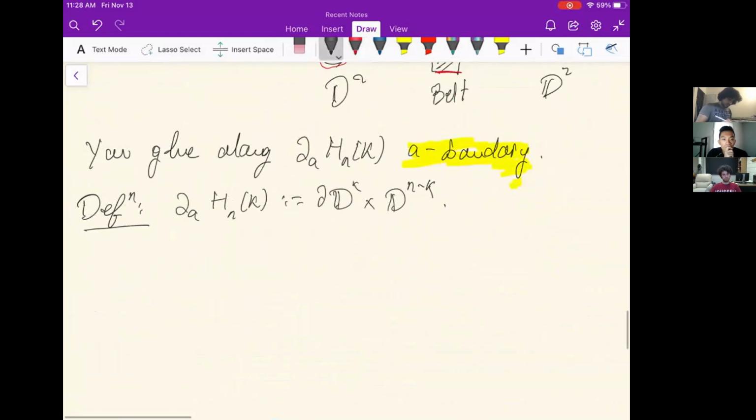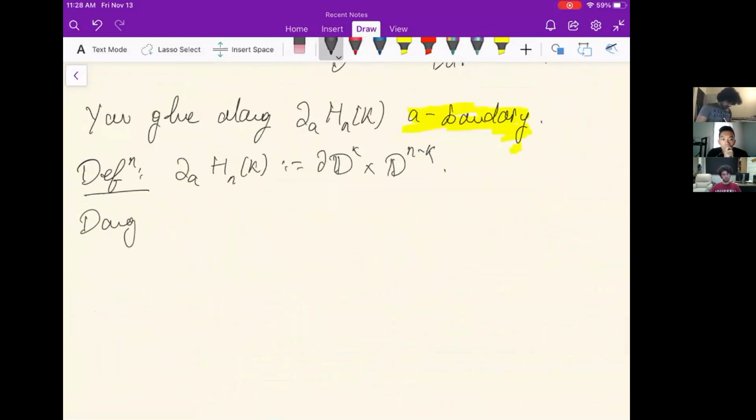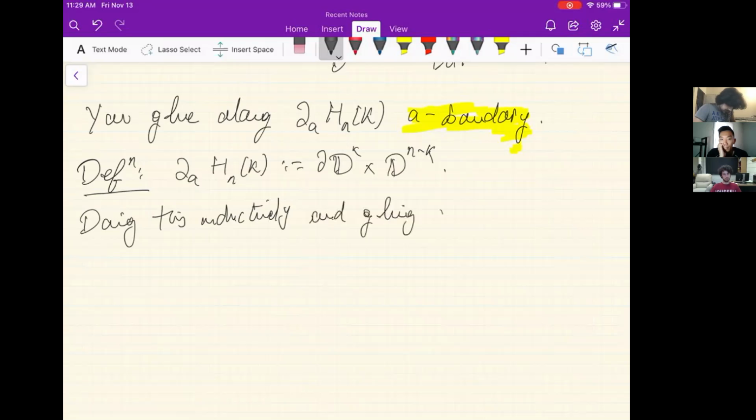Okay, so now doing this inductively, namely starting with the empty set, and then you have a critical point, you give it a handle body, and then you glue a handle body along, let's say, h, you take an embedding into N, where N is an n-dimensional manifold with boundary.